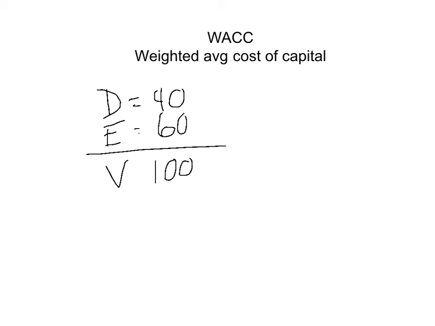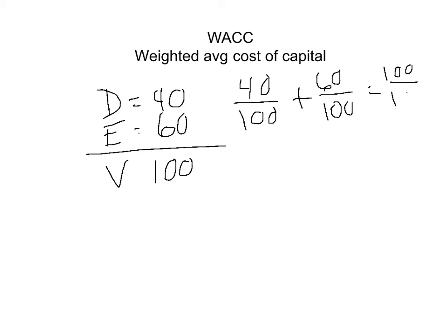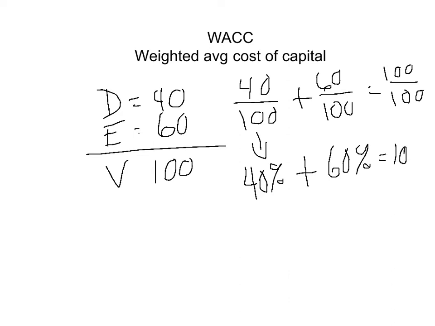And I don't mean to insult you with the math here, but let's just do it anyway. So 40 divided by 100 plus 60 divided by 100 is equal to 100 divided by 100. In other words, our debt, what percentage is that? It's 40 divided by 100. That's 40%. So we are 40% debt. We are 60% equity. That creates the 100% of our overall capital structure.